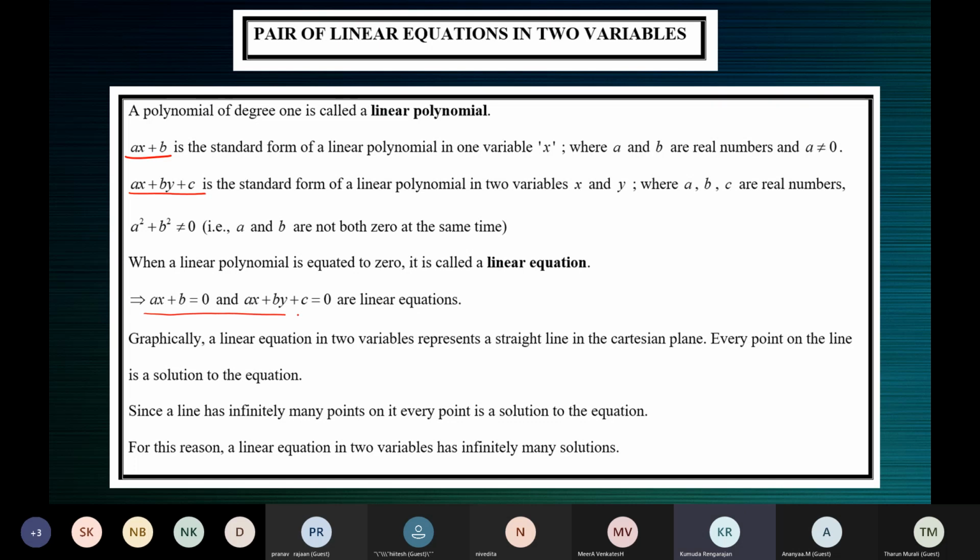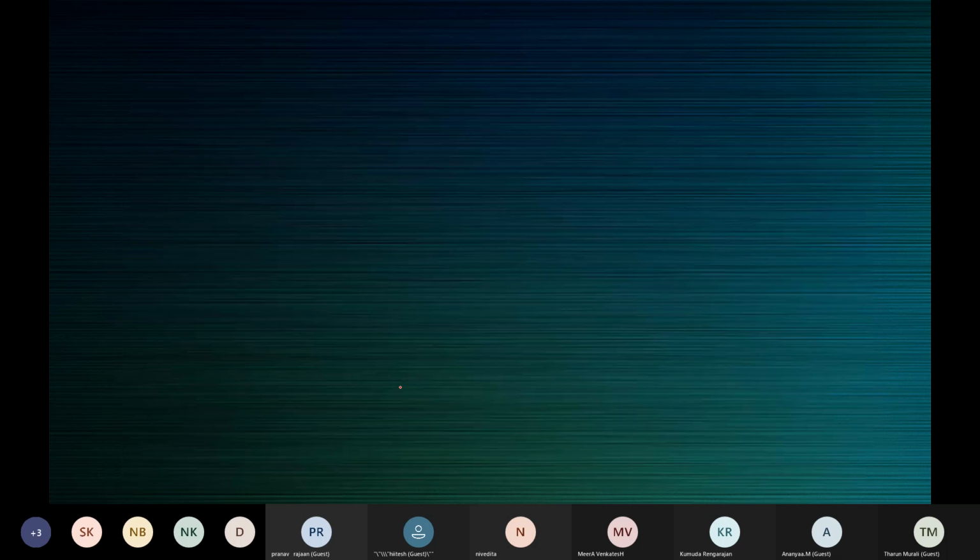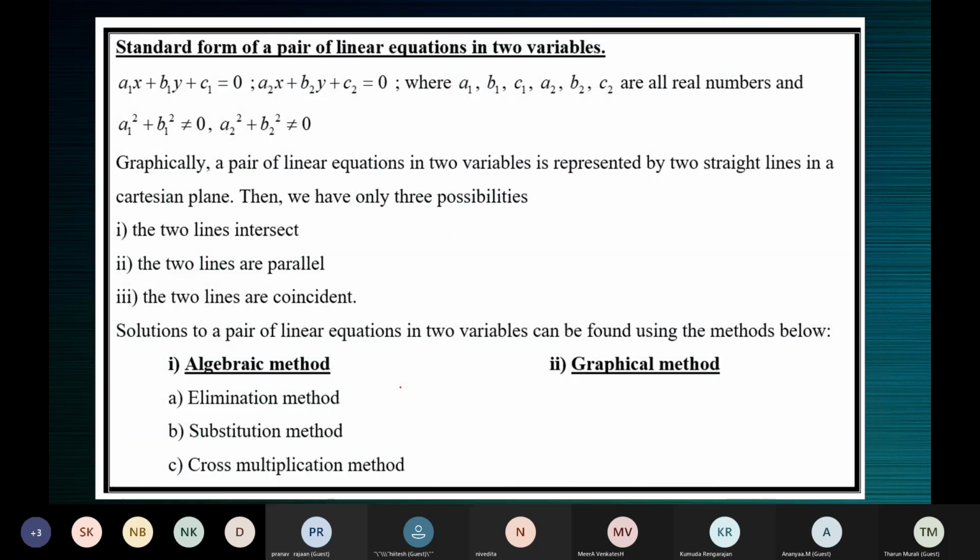When you equate to 0, it is a linear equation. And two linear equations in two variables x and y. This is one linear equation in x and y. This is another linear equation in x and y.